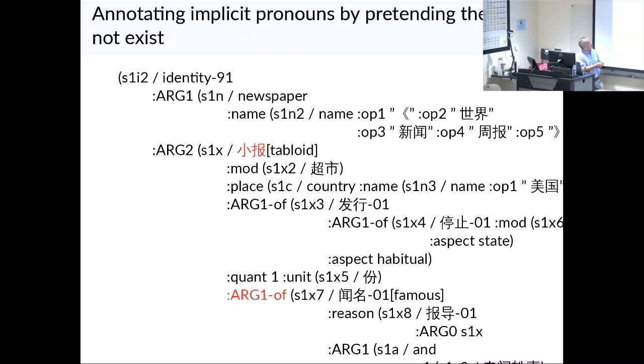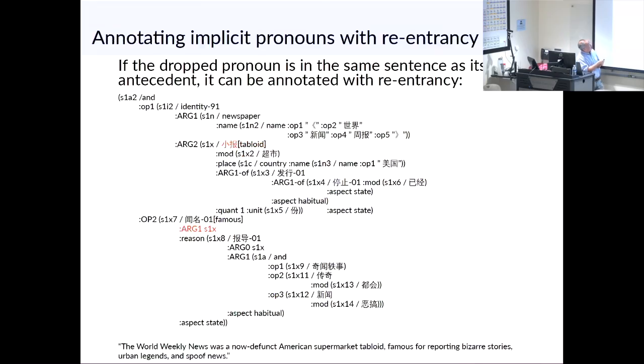So you propose something like there is an "and" on top of it, right? And this refers to the first clause, and that corresponds to the second clause, right? So that's another way of dealing with this. In that case, one way to deal with this would be to have this reentrancy, right? So here you have this variable, and you're going to be using the same variable, which implies that these two are referring to the same thing, and you can deal with it this way. Right? So this is also legitimate.